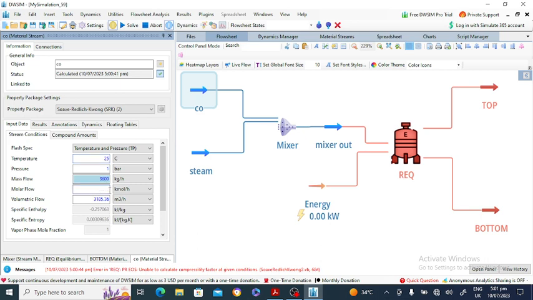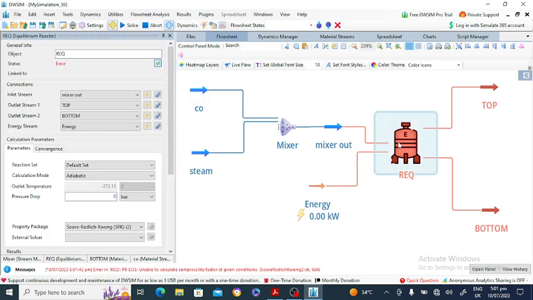So suppose I am changing it to 50 kilomole per hour, 50 kilomole per hour, and suppose the pressure is 2 bar and the temperature is 15 degrees, it is 80 degrees. So it shows some error.